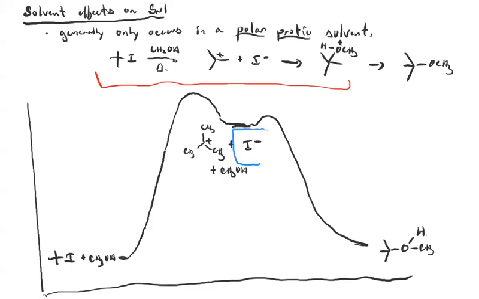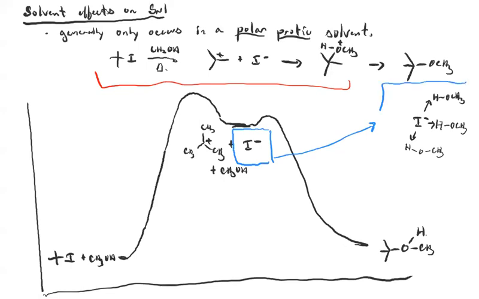And so the key thing is actually, if you look a little more closely at what's happening with the I minus, it's not I minus just sitting in solution, right? It's actually hydrogen bound. And so it is that hydrogen bonding that promotes this reaction.